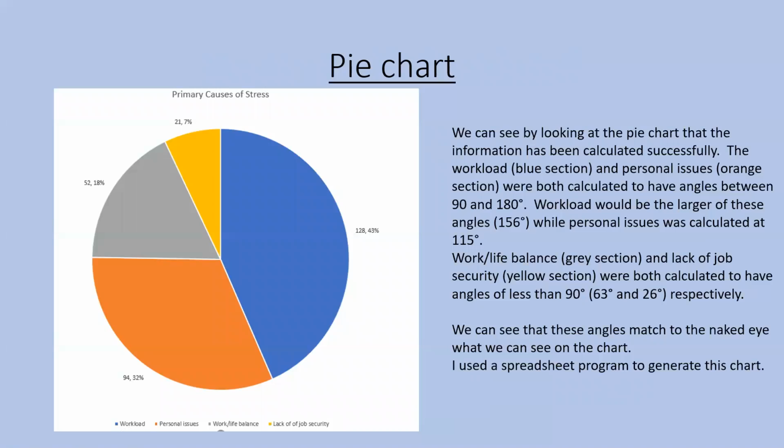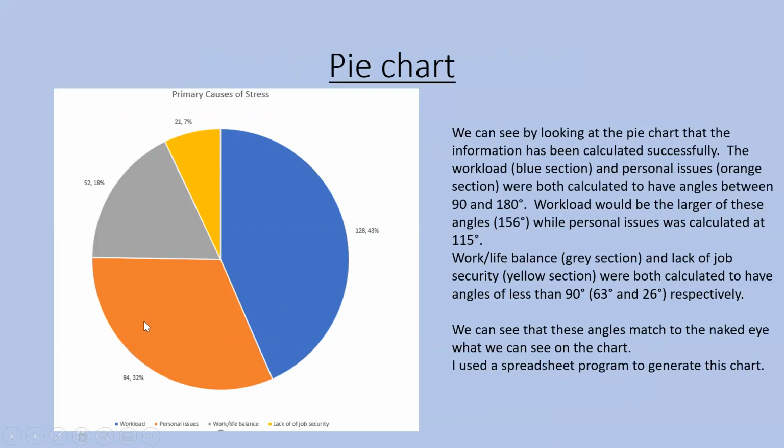And 156 degrees sits between 90 degrees, which is what we would get with a right angle, and 180 degrees, which would be the halfway mark in the chart. It's closer to 180 than 90, and we can see where it comes round to. It's roughly in the right area.